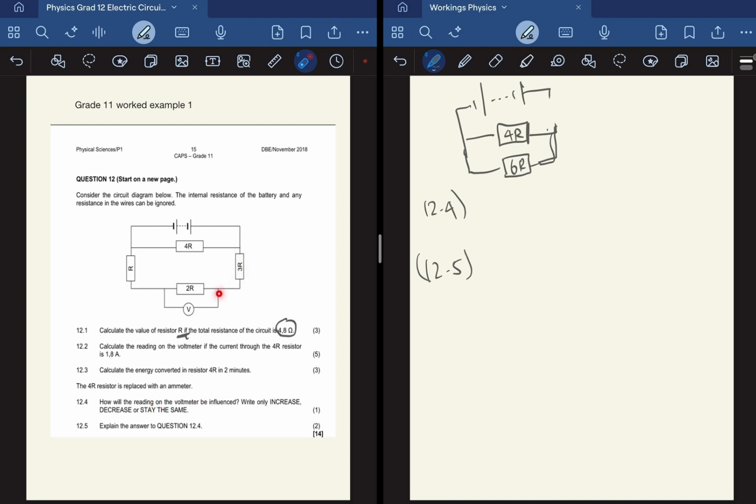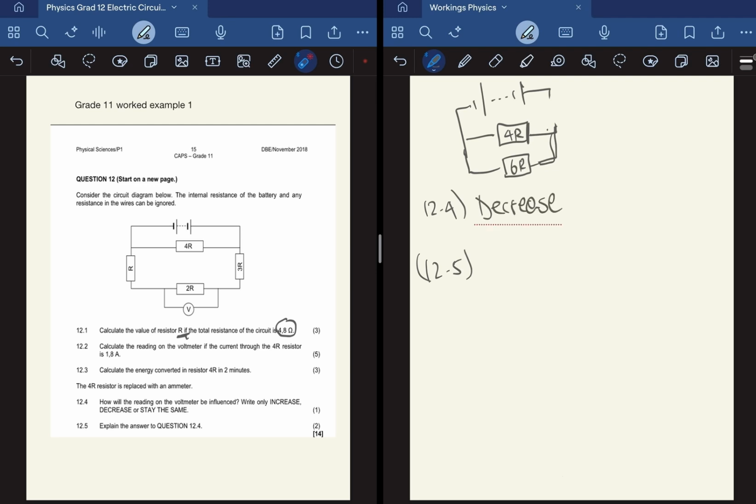If there's low current passing through here, remember according to Ohm's law, current is directly proportional to voltage. So if there is low current passing through this side, voltage will also be affected and it would be low as well. So your reading on the voltmeter would decrease.